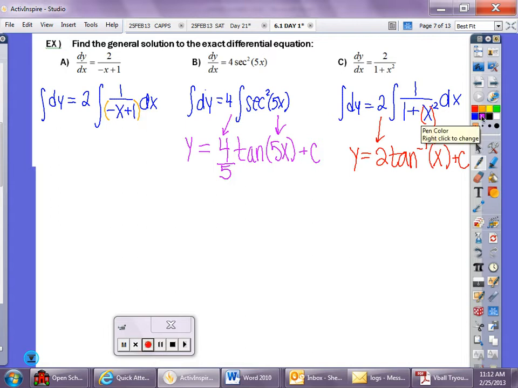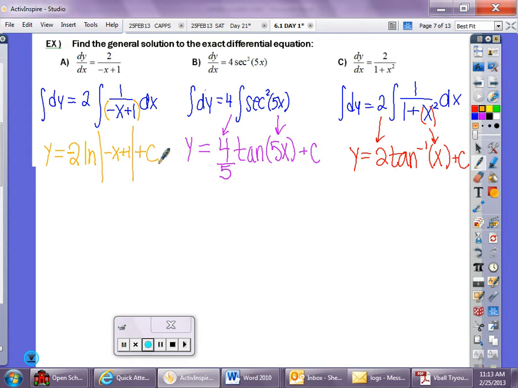All right, so we get y equals 2, you said natural log of negative x plus 1. Don't forget your absolute value. All right, and then did I have to divide by anything? No. Negative 1. So instead of dividing by negative 1, is it okay that I just put it right in front? Okay, because they mean the same thing, right? Okay, and then my plus c.